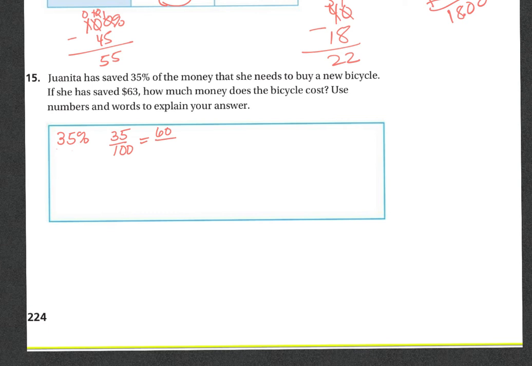Because we don't know what the total is, but we do know that 35% of it is the 63. So then we can simplify. 35 over 100 can be simplified because 5 can go into the top and the bottom. 5 goes into 35 7 times, and 5 goes into 100 20, right?